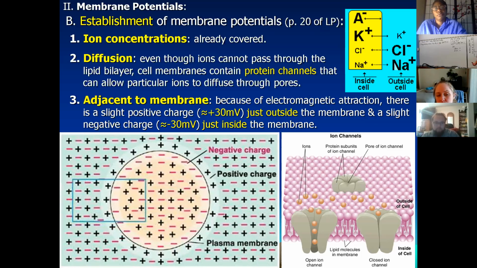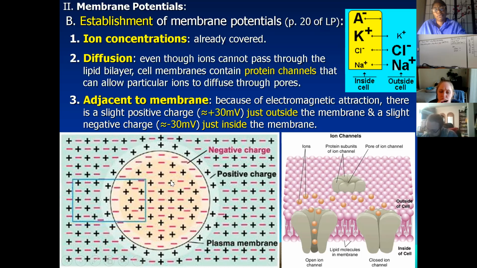Then because of opposites attract, since there are more negative anions inside the cell and more cations outside the cell, they will get right up against the membrane. So if you notice in this figure, I know it's a little pixelated, you have this mixture in the ECF, but since the cell is negative, most of those cations will be right up against the membrane.